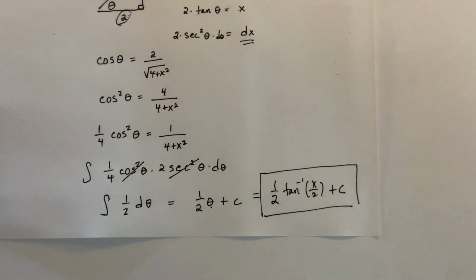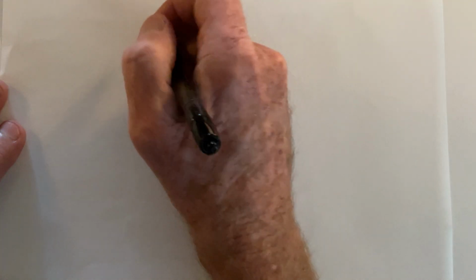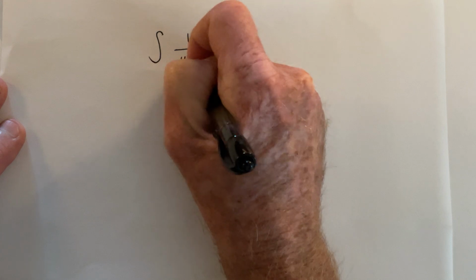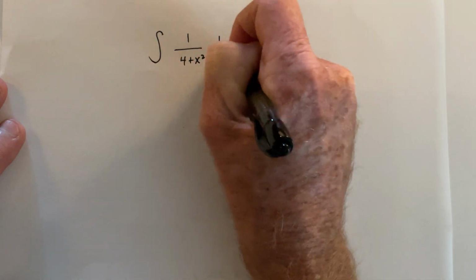Okay, and then I did say do it two ways. So start over, and I'll just start with a fresh piece of paper because that one's sort of full. Integrate 1 over 4 plus x squared dx.